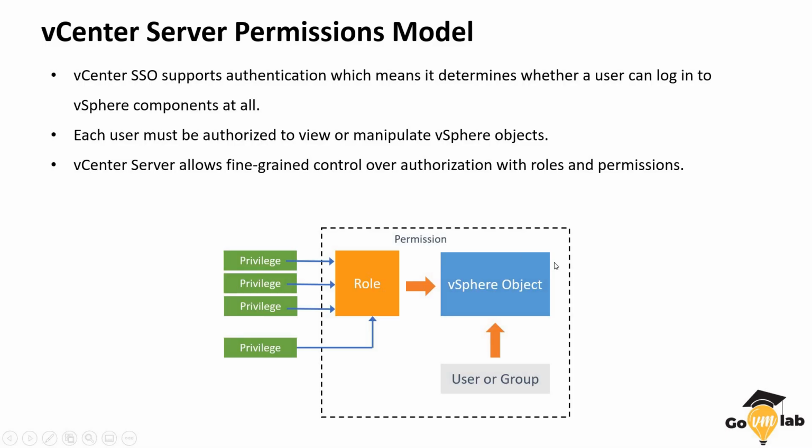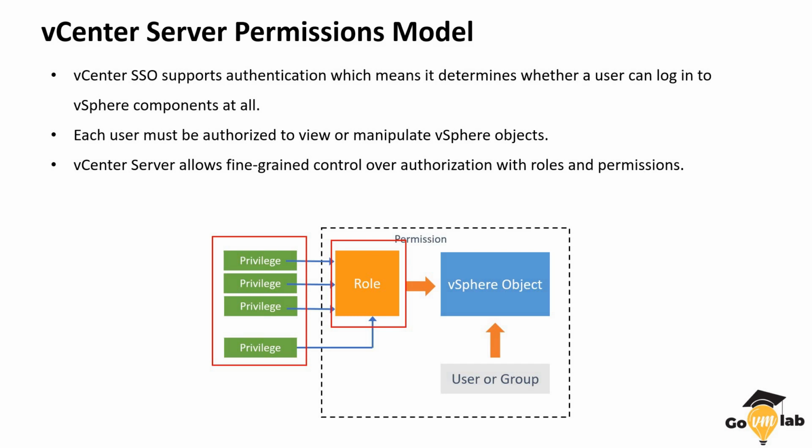Now in the previous lecture, we had discussed a basic vCenter Server permissions model. We learned how to create roles, explored various sample roles created by VMware, and discussed how privileges can be mapped to a specific role.